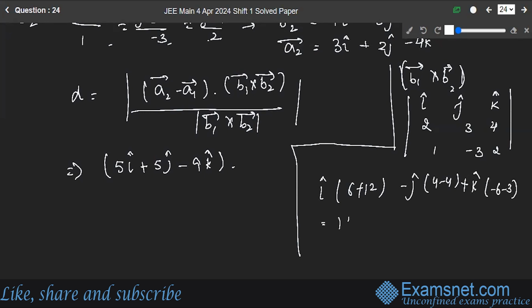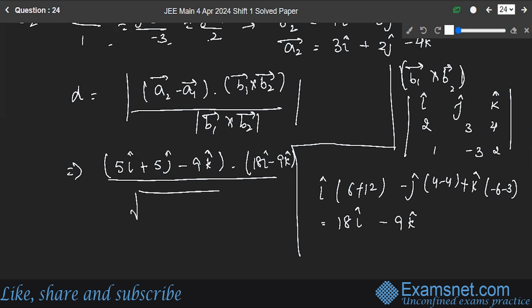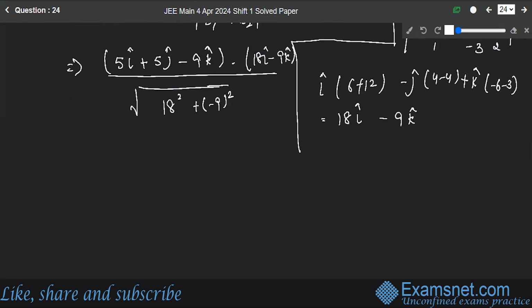So this is 18i minus 9k. Let's write over here 18i minus 9k, whole thing divided by the magnitude of it, which is equal to root of 18 square plus 9 square. So this is equal to 5 times 18 is 90, and this will be 0, and this is plus 81. For the denominator, this will be 18 square.